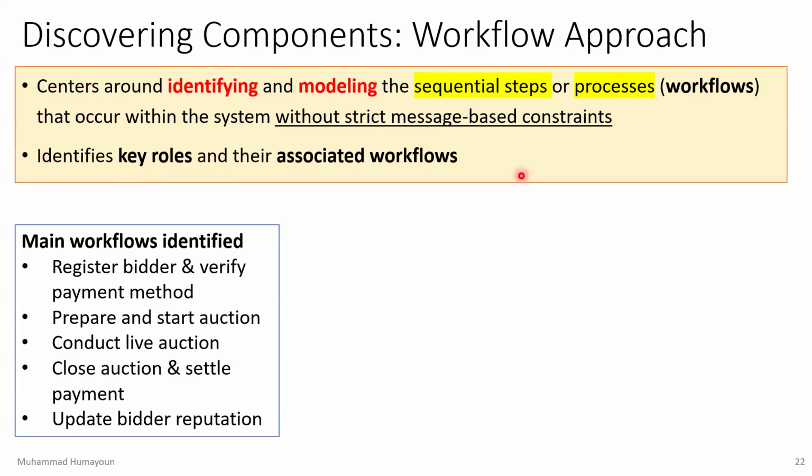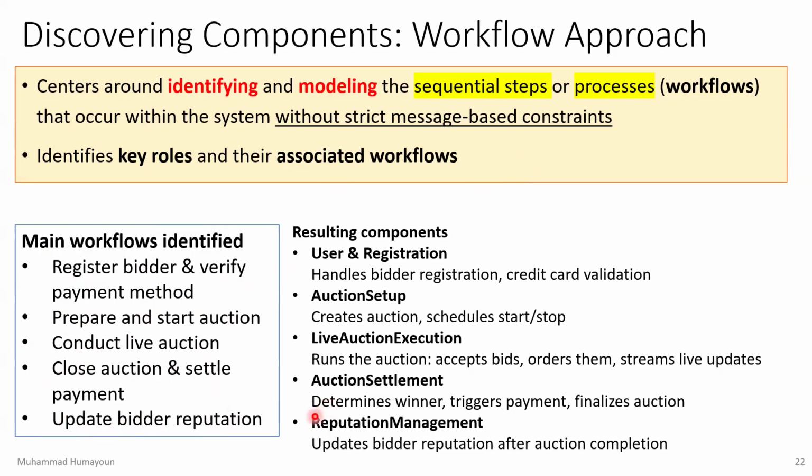So for instance here, what are the main workflows we have in this auction system? Register bidder and verify payment method, prepare and start auction, conduct live auction, close auction and settle payment, update bidder reputation. Based on that, you can end up with components like user registration, and auction setup to create, schedule, start and stop auctions.